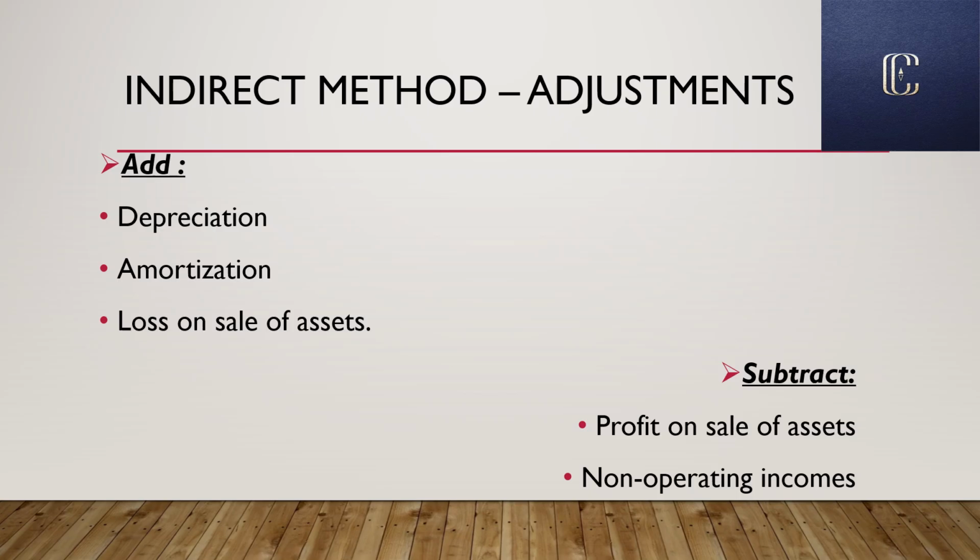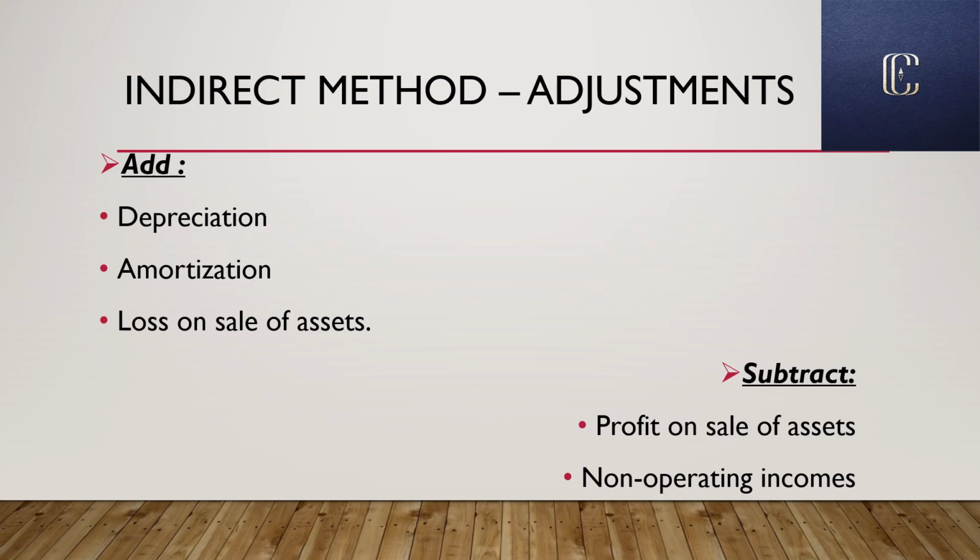In step two, subtract the non-operating income. Some income increases accounting profit but is not from core business operations. So we remove it. The first one is profit on sale of asset. For example, the asset book value is 50,000 rupees, sold for 70,000 rupees.